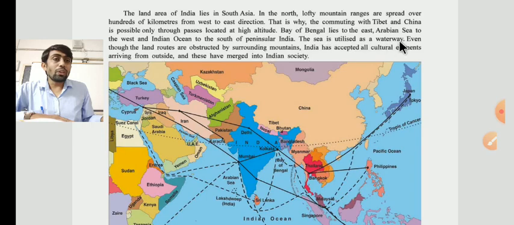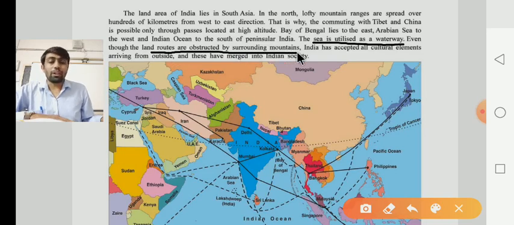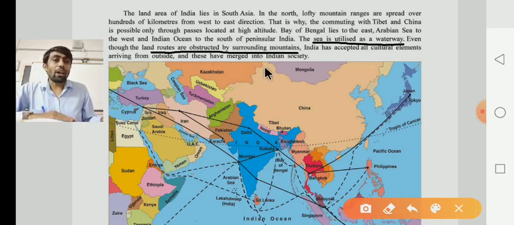The sea is utilized as a waterway, as water transportation, even though the land routes are obstructed by surrounding mountains. Land routes are obstructed, it means कोई भी चीज रुक जाना, रोका है, by the surrounding mountain area. Here the maximum area is surrounded by mountains, and some mountain areas are also there.